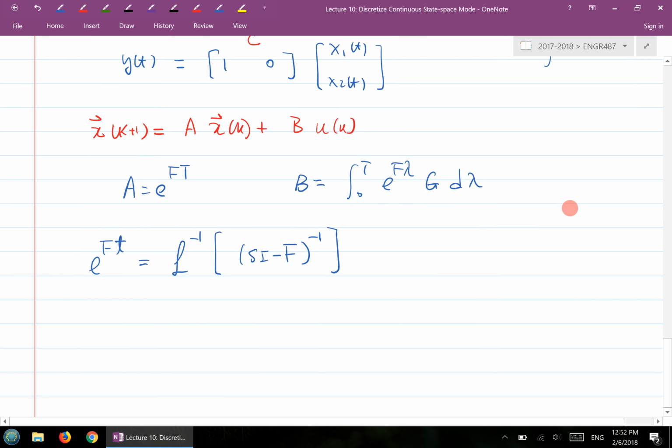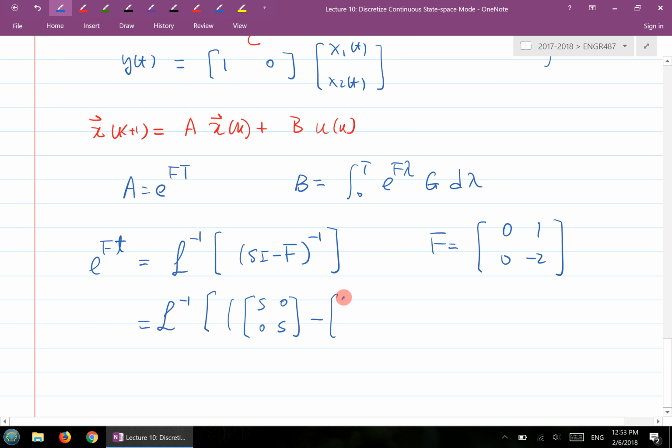If you look at this, F, as we just derived, is the matrix 0, 1, 0, negative 2. That's your F matrix. I'm ready to substitute this F into the inverse Laplace. So s times I is s here, 0 here, 0 here, s here, then minus F, and inverse.